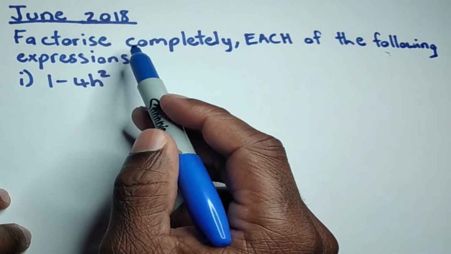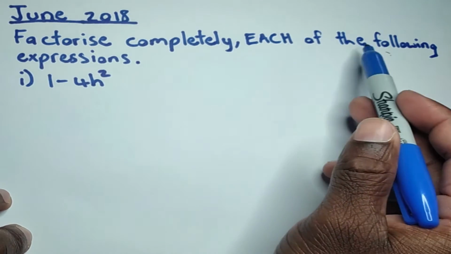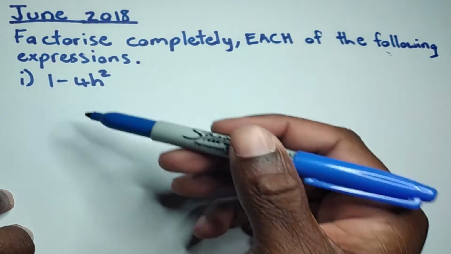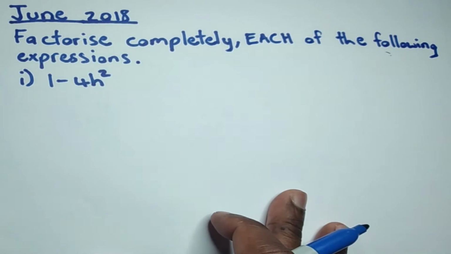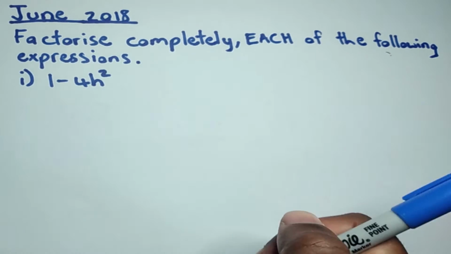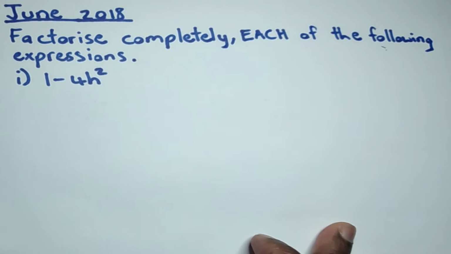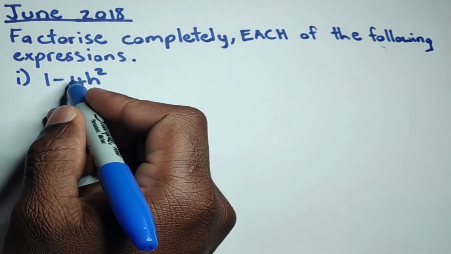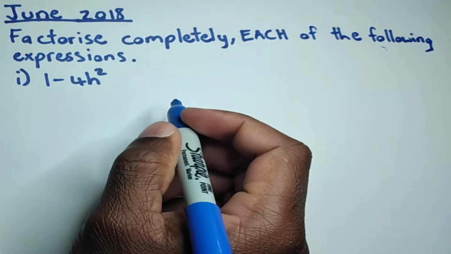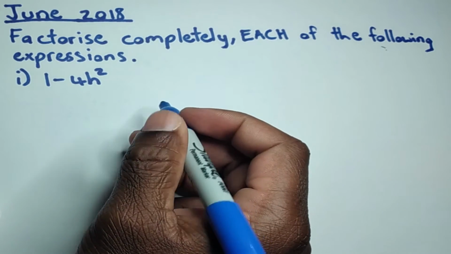So this asks us to factorize completely each of the following expressions. This question has 3 parts to it, and as always, we'll look at part 1 first, and then we'll treat with the others as they come. So here we have 1 minus 4h squared, and again, this is a difference of two squares problem.